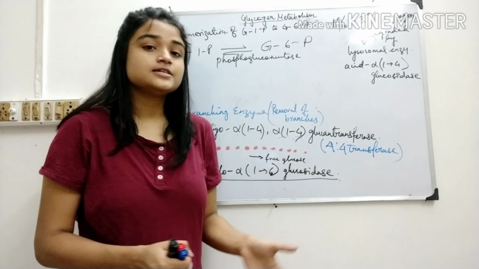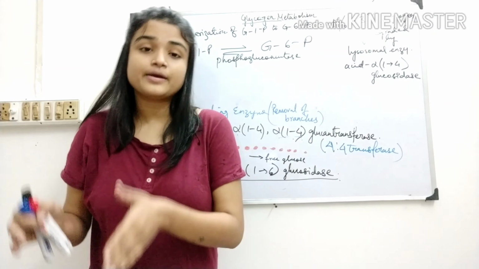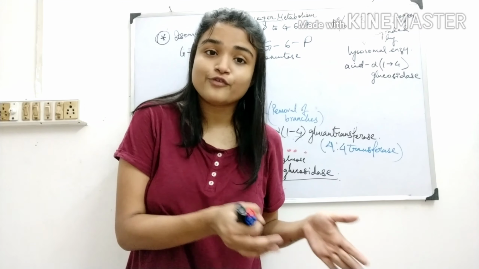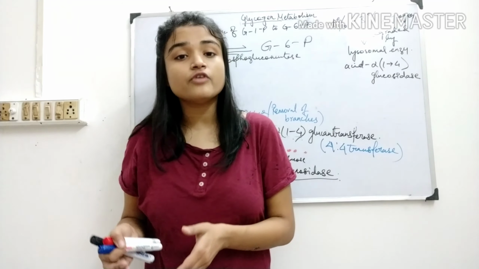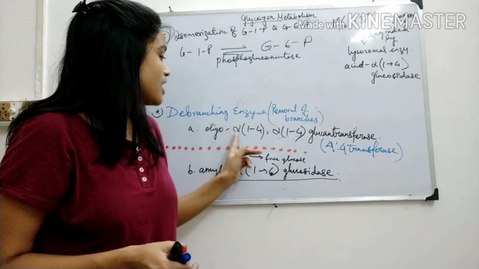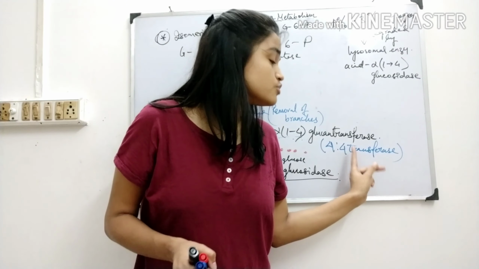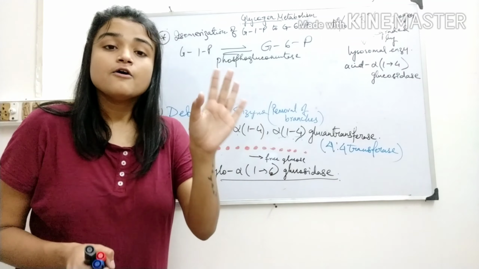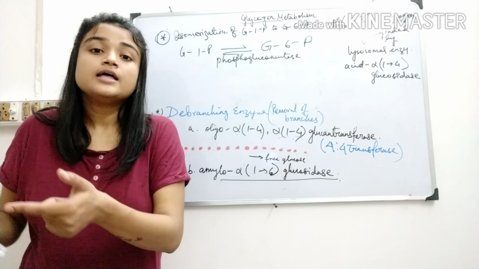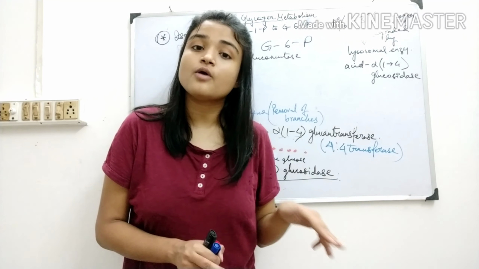We saw that glycogen is first broken down by the enzyme glycogen phosphorylase, which produces glucose 1-phosphate, and for the removal of branches, two enzymes, that is oligo alpha-1,4 alpha-1,4 glucan transferase, or we can say 4:4. Why 4:4? Because the alpha-1,4 linkage is broken in the branching portion, then that is going and joining with the main chain, again forming alpha-1,4 linkages.